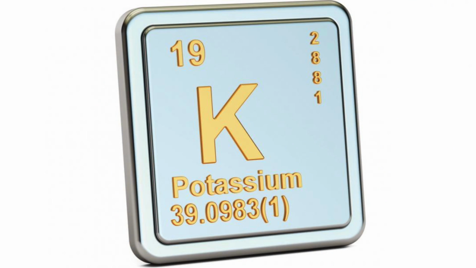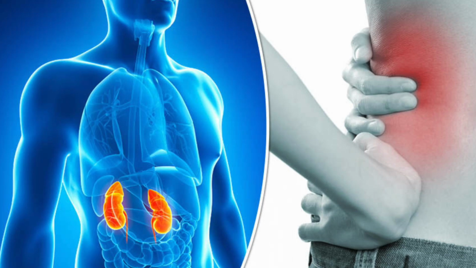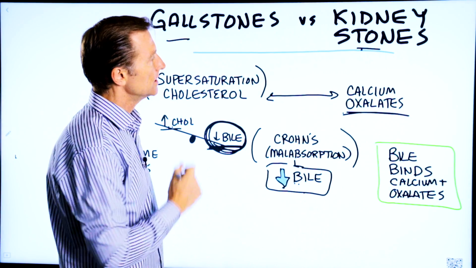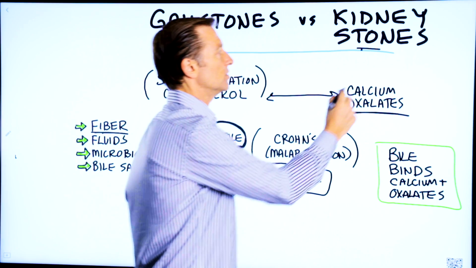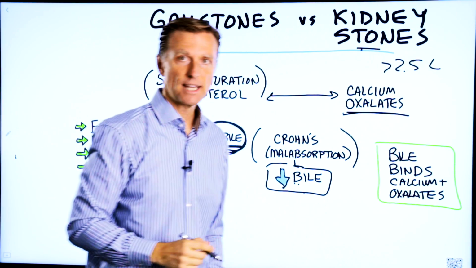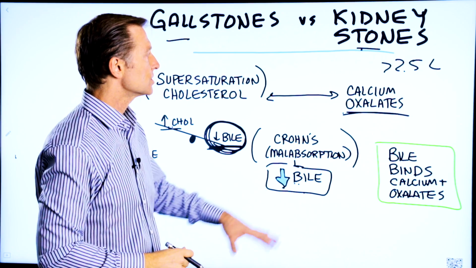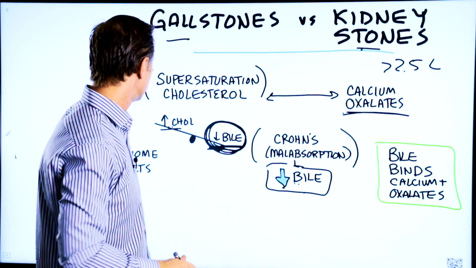And they're a good source of potassium, which also can help reduce the risk of kidney stones. And another point about kidney stones is that if you're at risk, it's very, very vital that you consume over 2.5 liters of fluid every single day. That will keep things diluted enough where these calcium oxalates can't form.